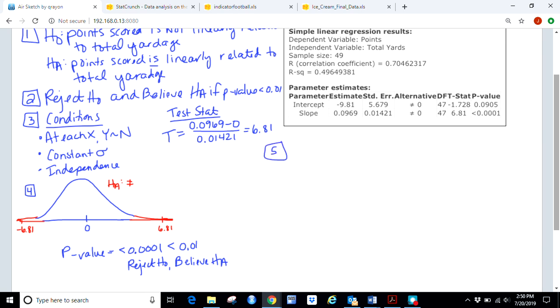Doing our interpretation, our alpha is 0.01.